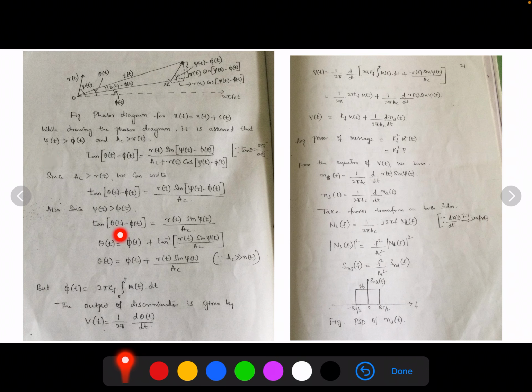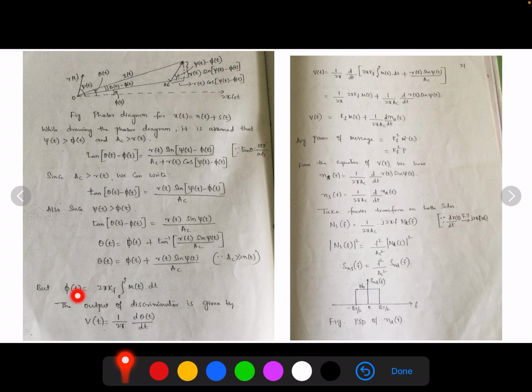So tan of theta of t minus phi of t is equal to R of t into sine of the greater value divided by AC. Transferring tan to the RHS and transferring minus phi of t to the RHS, we'll have this equation.